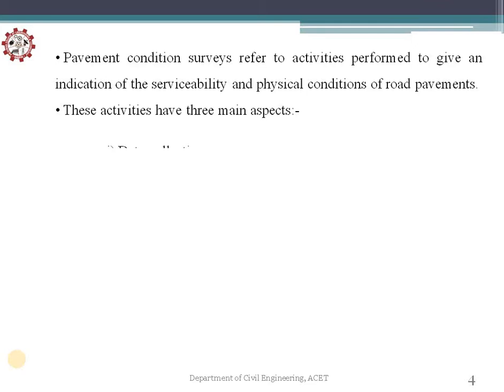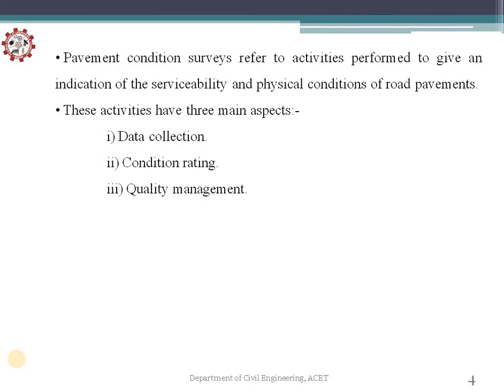Then these activities are of three types: data collection, then condition rating, and next is quality management. So you have to collect the data regarding what type of pavement was there, the design data: if it is flexible pavement or rigid pavement, what was the thickness, what was the soil condition, the tests.